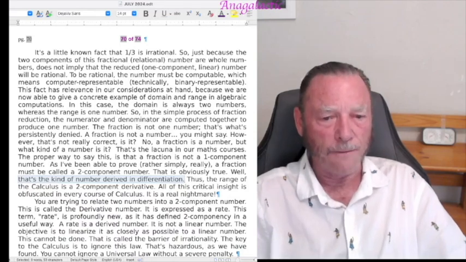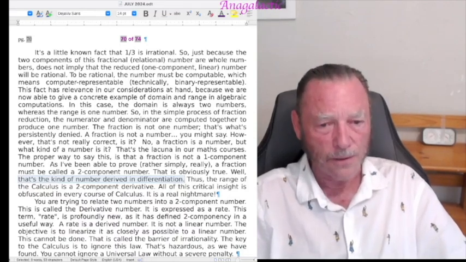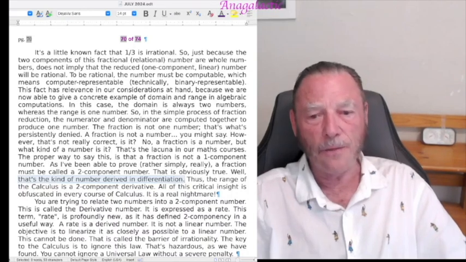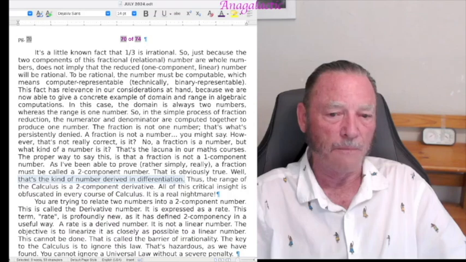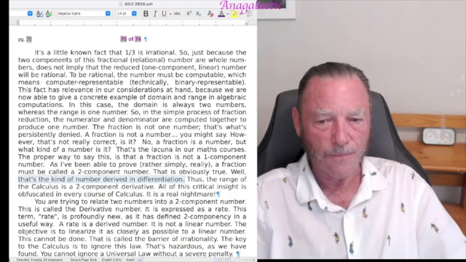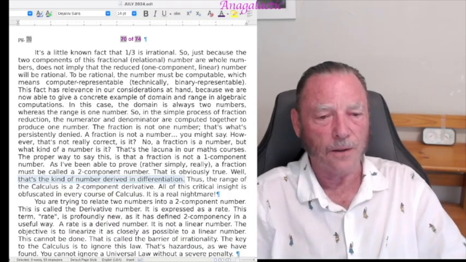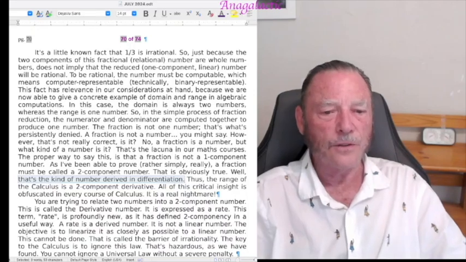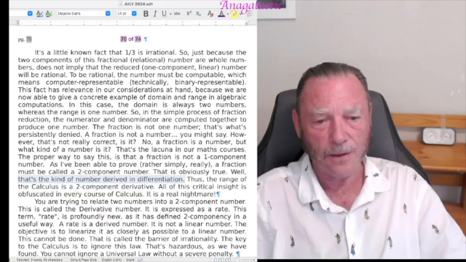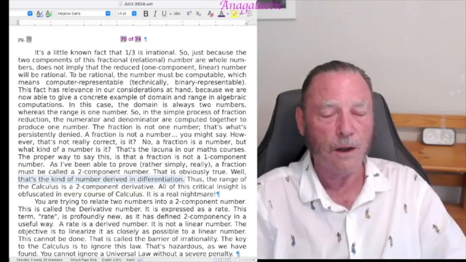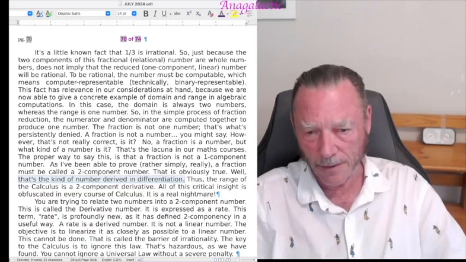You derive a two-component number, and then you pretend that it's a one-component number. That's calculus. Thus, the range of the calculus is a two-component derivative. That is, the output of the calculus is a two-component derivative.